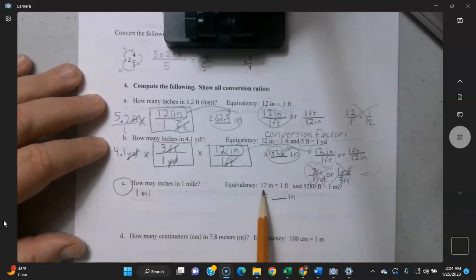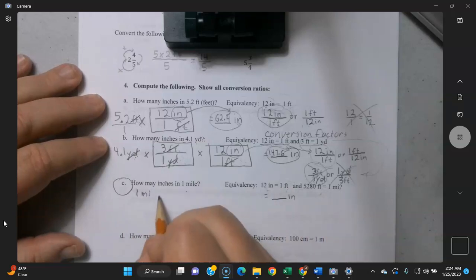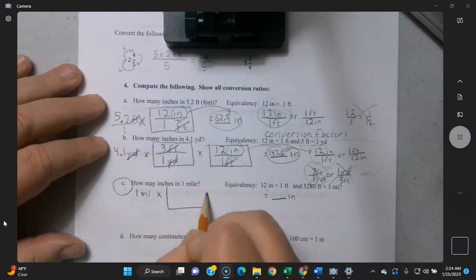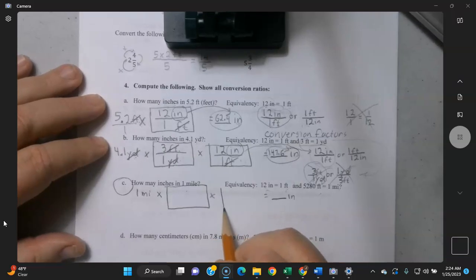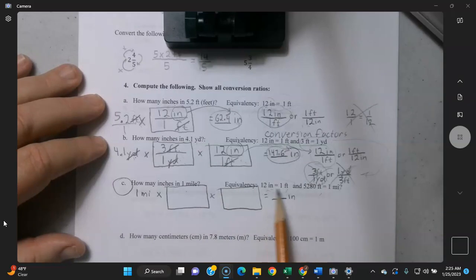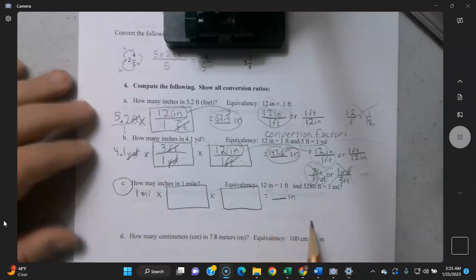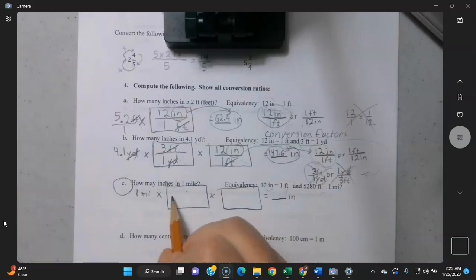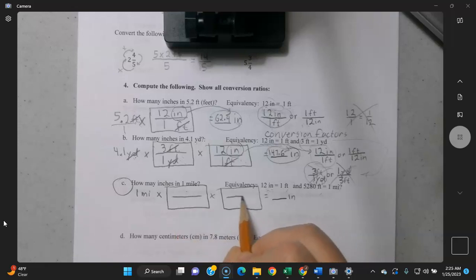Okay, we don't have a relationship between inches and miles, but you see two equivalencies. So you're going to need 2 boxes. Okay, so go ahead and write the 2 conversion factors for this, the 2 for this. That'll give you 4 in all. Figure out which one goes in this first box, which one goes in this second box, okay?